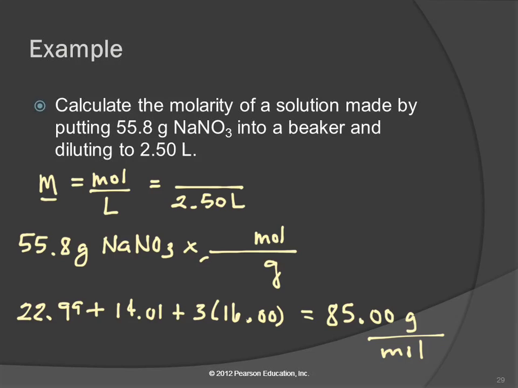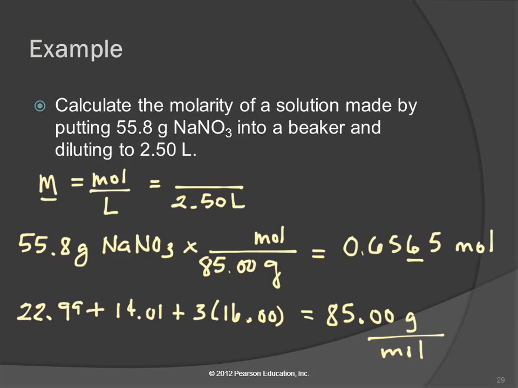So this 85.00 goes in the denominator. And then we take 55.8 divided by 85, 0.656. It should have 3 sig figs, but there's some other digits. Let's carry along 1 extra. So that's the last significant figure. So it's that many moles of sodium nitrate.